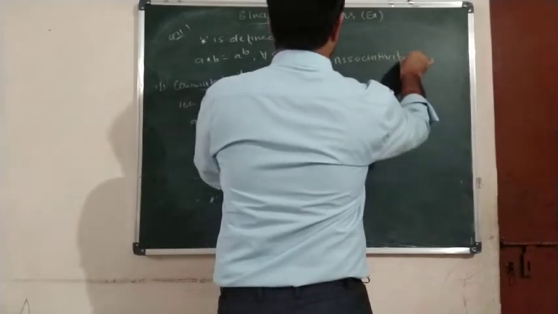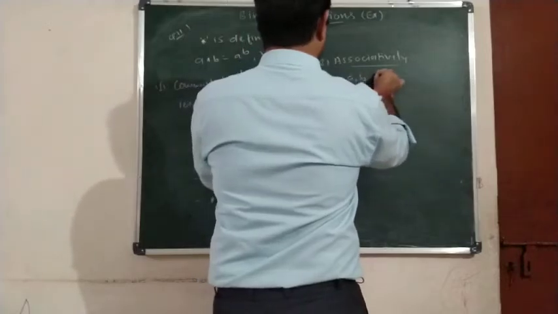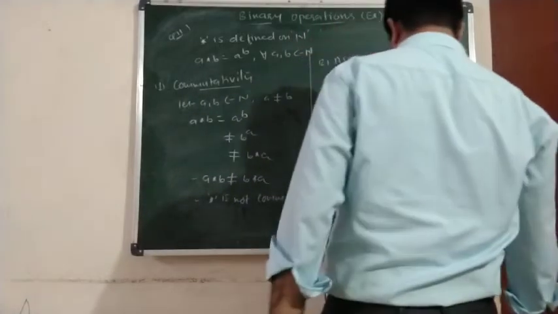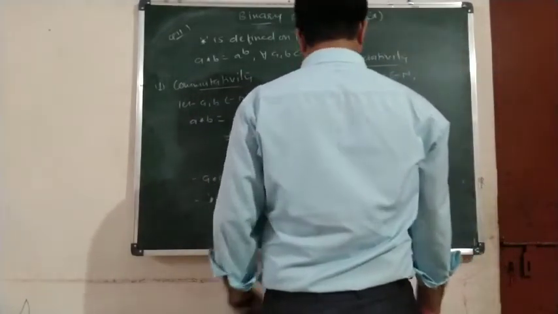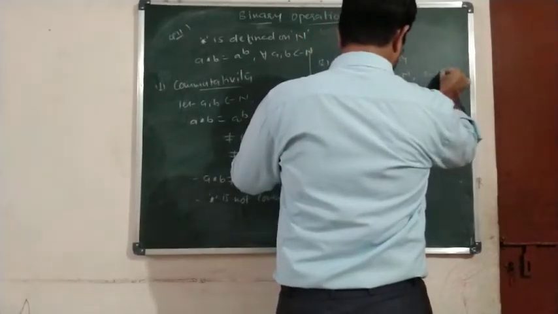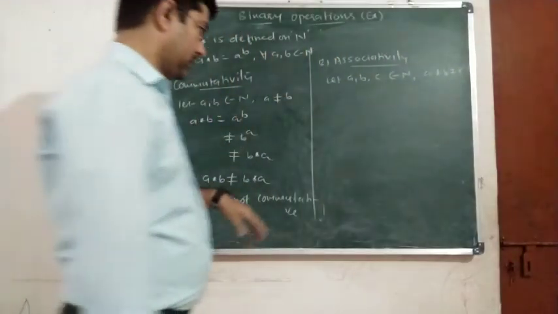Now second part, associativity. Let a, b, c belong to N such that a is not equal to b is not equal to c.